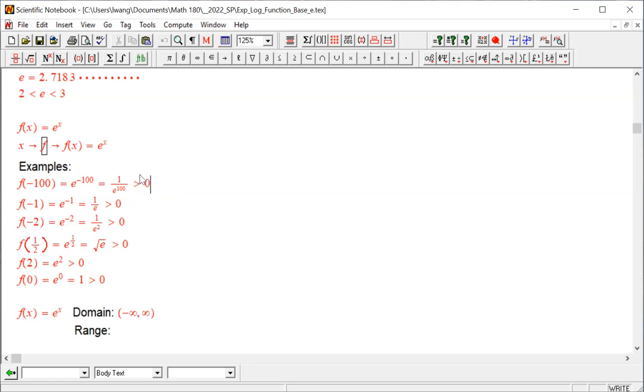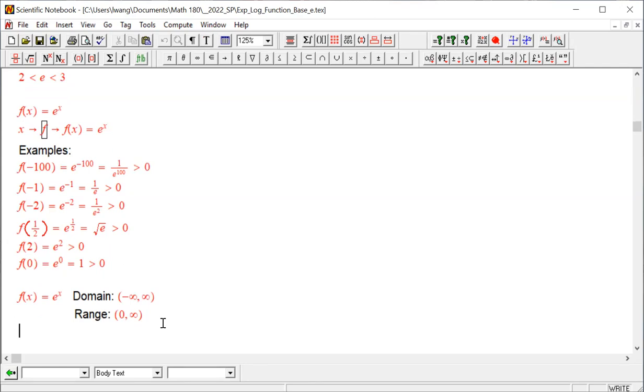So you can imagine, when the input runs through all of the real numbers, the output is always positive. Therefore, the interval notation for the range is from 0 to infinity.